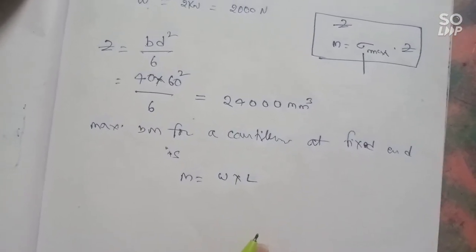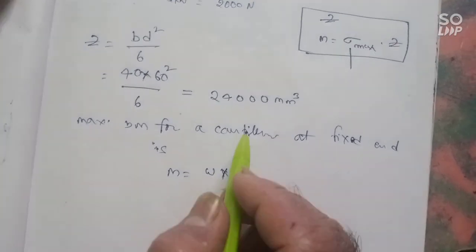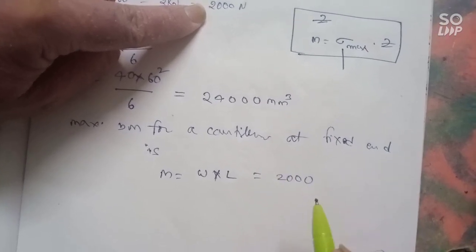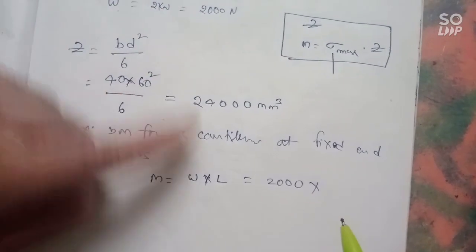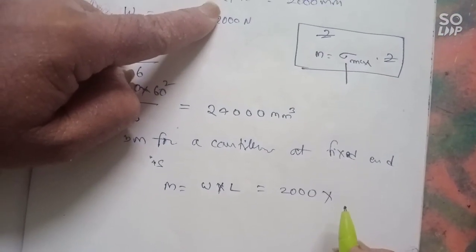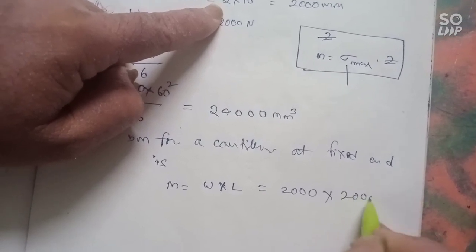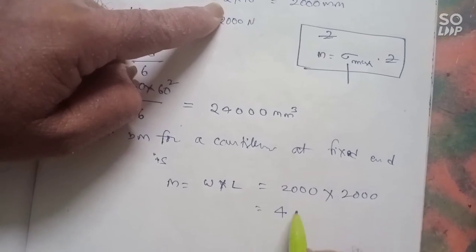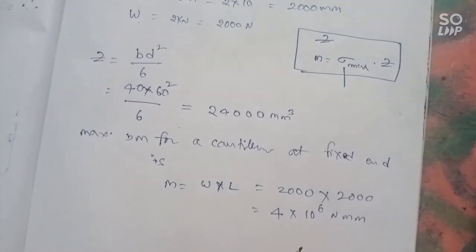So that is W into L. W is 2000 and length L is also 2000. So that is equal to 4 into 10 to the power of 6 Newton millimeters.